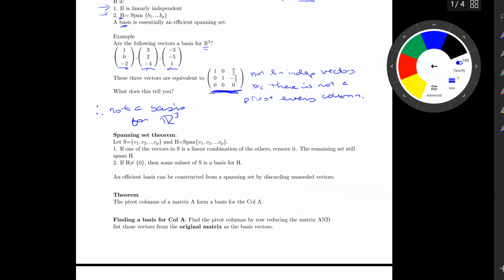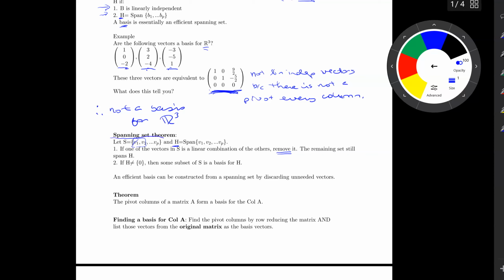All right, so let's say I have a set S, and H is equal to the span of that set S. The span of those vectors is just another way of stating what those vectors are. If one of the vectors in S is a linear combination of the others, so let's just say these two are siblings, these two are related to each other, then I can remove one, and I can still span the set.